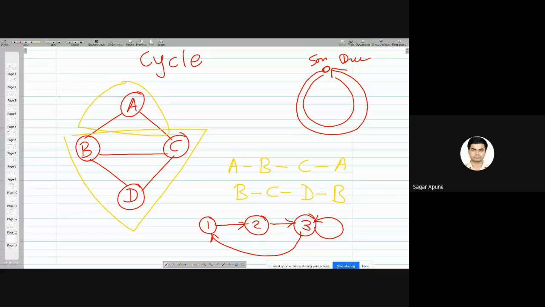How many cycles are there? There are 2 cycles from 1 to 3, and again we can reach 1, and the second cycle is 3 to 3, because a self loop becomes one cycle. So in this directed graph 3 cycles are there. So cycle is completed.